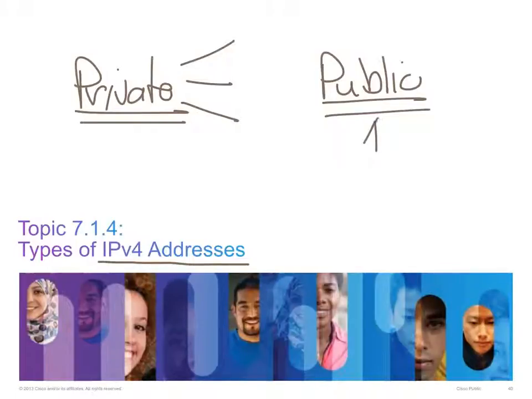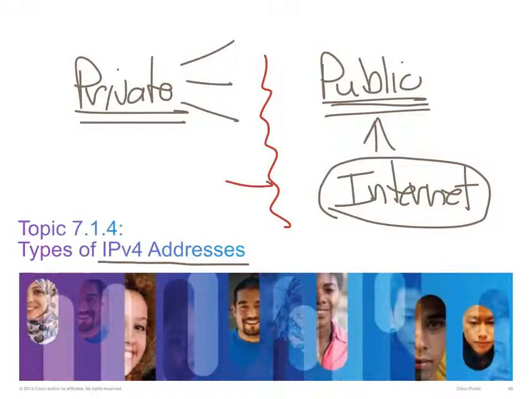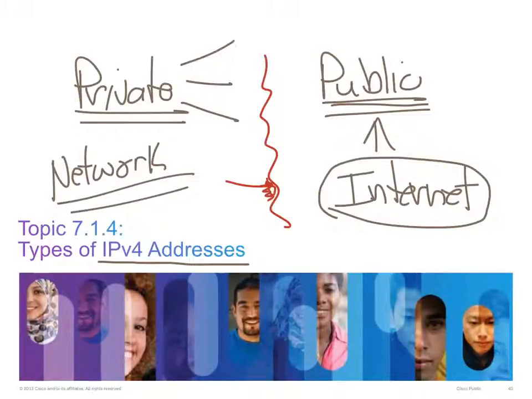If you have an address on the internet, it has to be a public address. You can't put private addresses on the internet. They cannot go to the internet. But they can work fine within your own network, as long as you're not letting any of that traffic go to the internet.